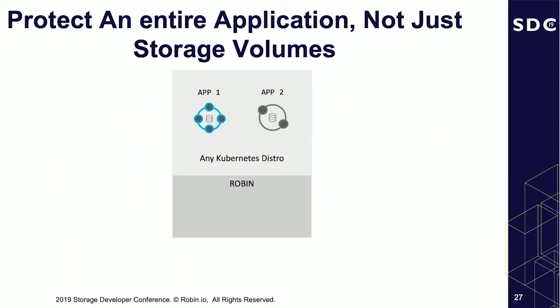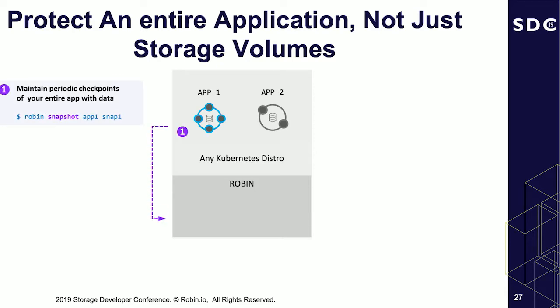But note that a Kubernetes application is not just storage, right? A Kubernetes application has, as Jagdish explained, a bunch of different objects, right? So let's say you take a snapshot of an application using Robin.